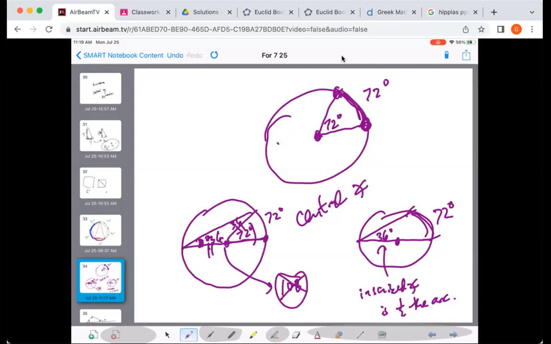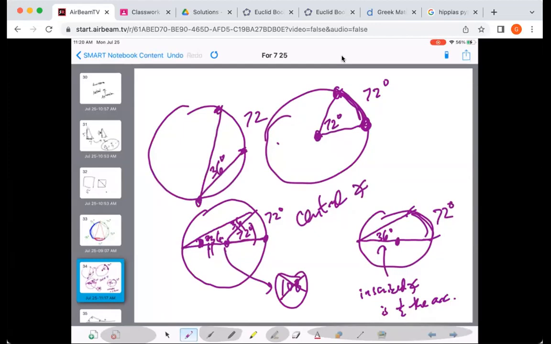And I'm just going to make a quick leap of faith and say that even if the inscribed angle is not formed by a diameter, if you just go to any random point on the circle, that angle will be half of what the arc was. I made a leap there. You could see it in this specific case, and I'm just telling you that it's always going to be true.